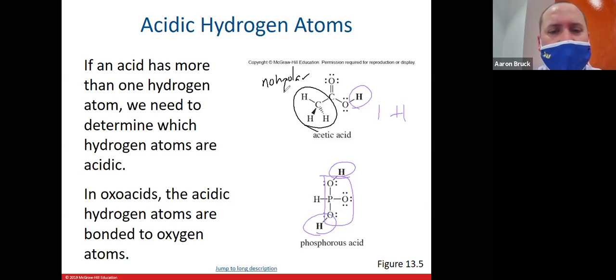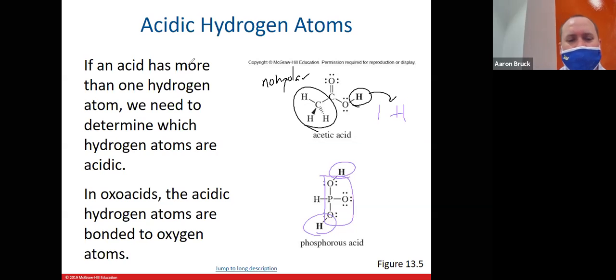This bond between oxygen and hydrogen is polar. Oxygen is far more electronegative than hydrogen is. And so what happens is that we end up having more electrons kind of around this oxygen, and we can get that hydrogen to come off if we exert enough chemical pressure on it. So as a result, what we see here is that we've got really only one acidic hydrogen on acetic acid, even though there are 4 hydrogens in total.